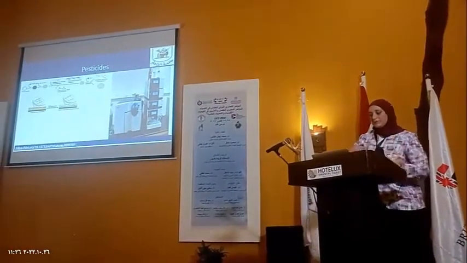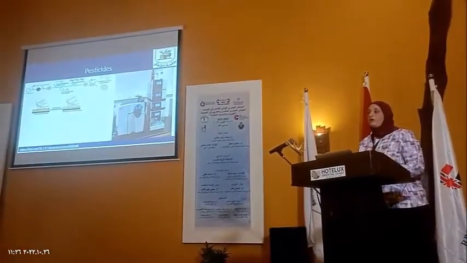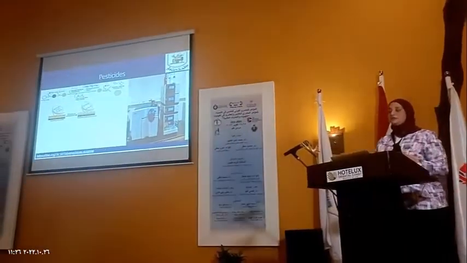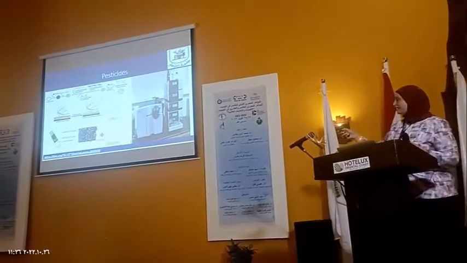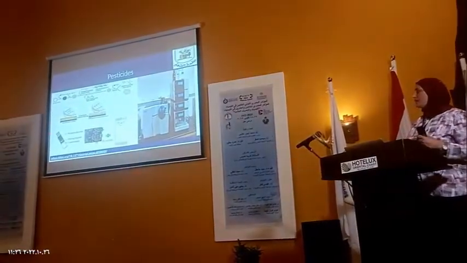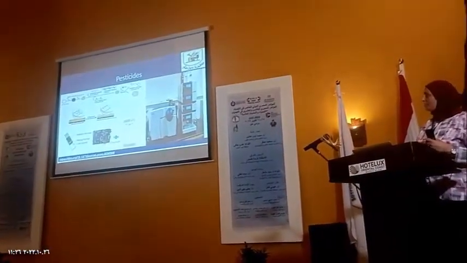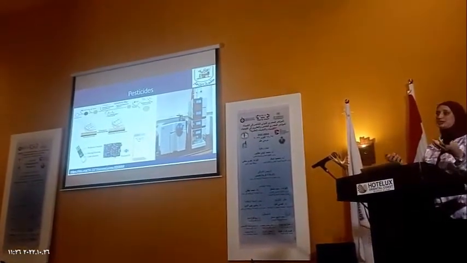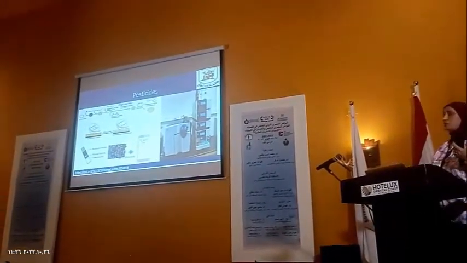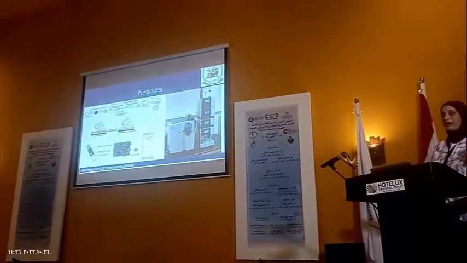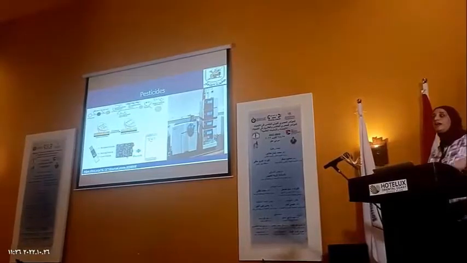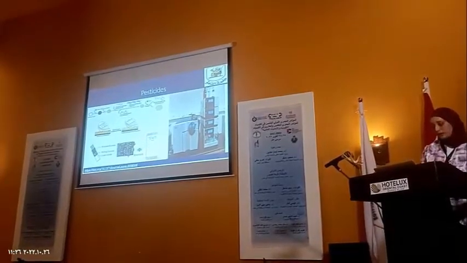In the simple application of MIPs, we are able to design a sensor based on a specific selector for these pesticides, and we can do it in the form of a screen printed chip that we can use to get a readout through a mobile phone. So instead of having such a huge piece of equipment in the farm or wherever, you are simply designing a sensor that you can connect to your mobile and you get the reading without any problems.